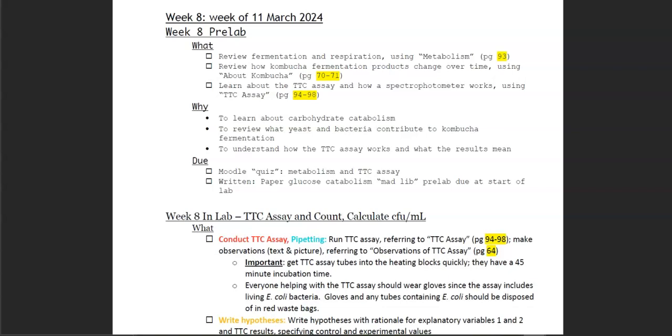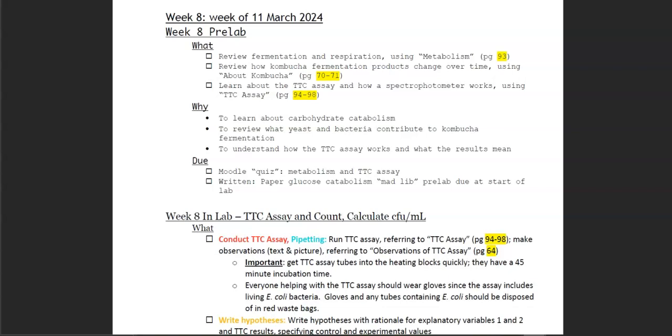So the bacteria that are in the jar, right? So you have your kombucha and it contains the sugar, and then primarily the yeast will consume the sugar and make alcohols. Then the bacteria will consume the alcohols and make acids. So the yeast readily grow on the Petri plates, and so that's why we have been doing the spread plating and you have been counting, is because the yeast grow very easily and they're beautiful and easy to count.